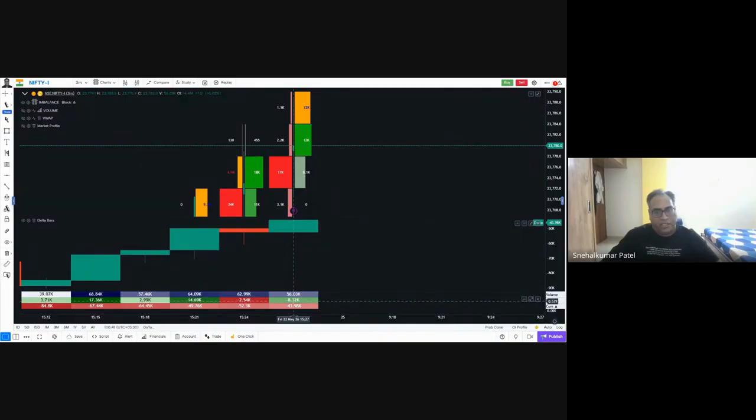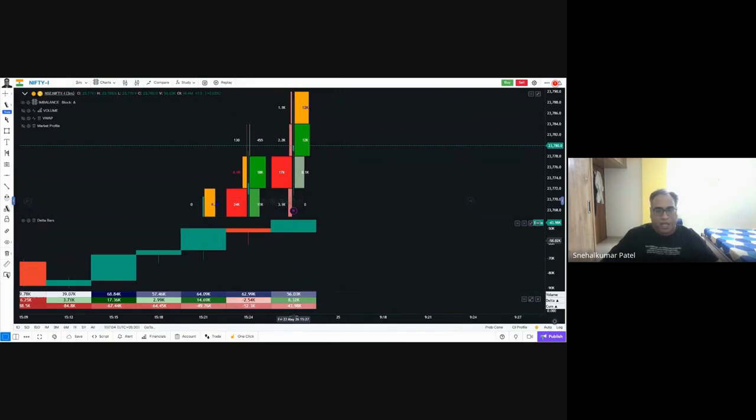So if this candle is green and the delta value shown at the bottom is in green, that means the buyers are dominating in this candle. There are 8,000 more buyers than sellers in this particular candle. So that is called delta.